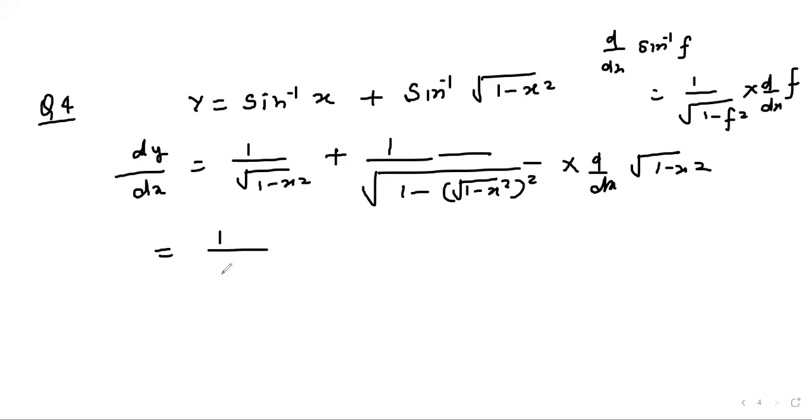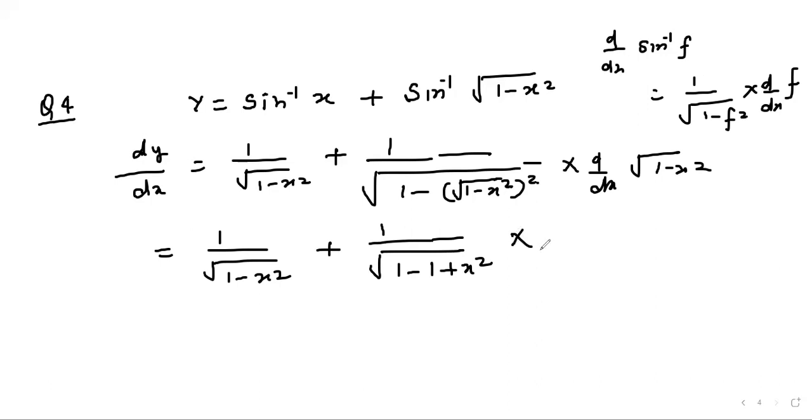So 1 upon root of 1 minus x square plus 1 upon, this will become 1 minus 1 plus x square. Because of this square, this root will get cancelled, into the derivative of this, which will become 1 upon 2 root 1 minus x square times minus 2x.